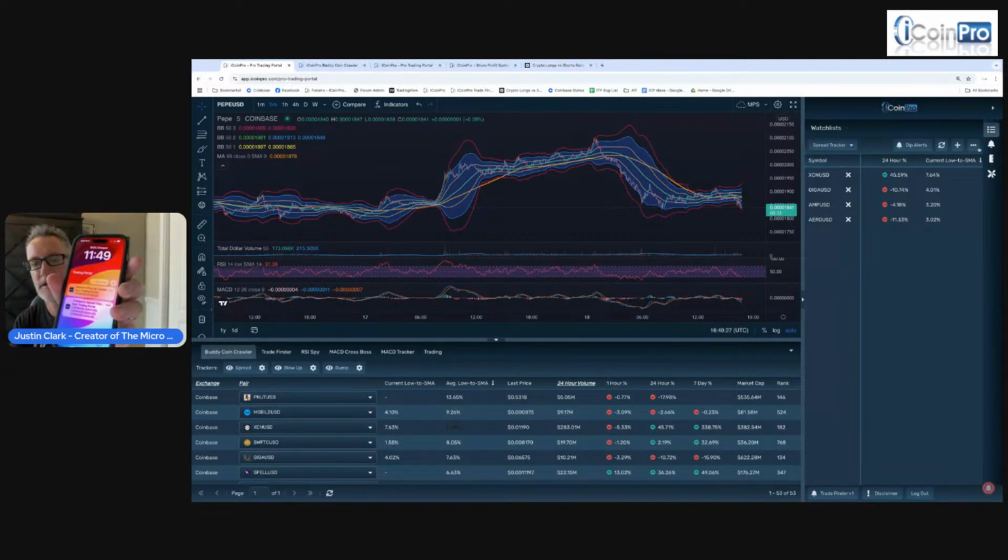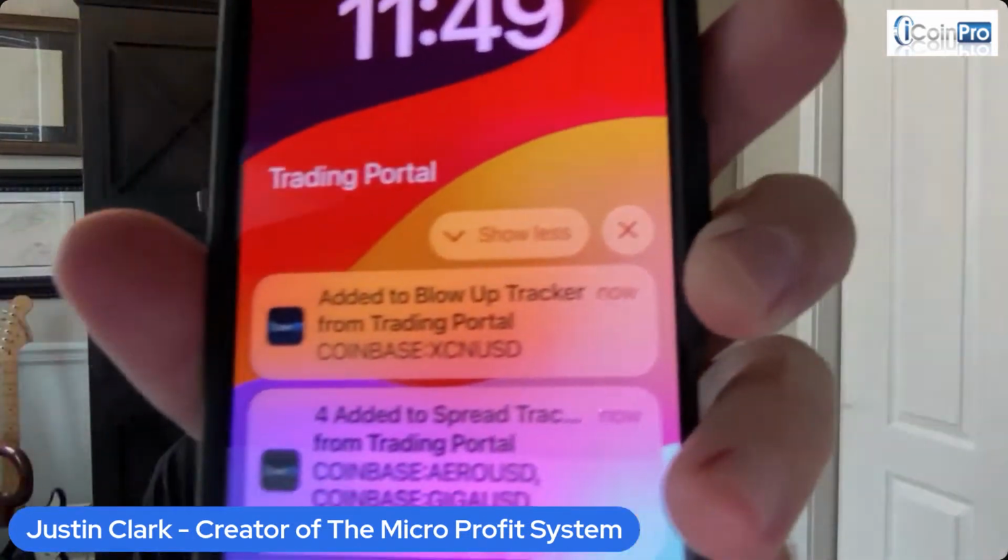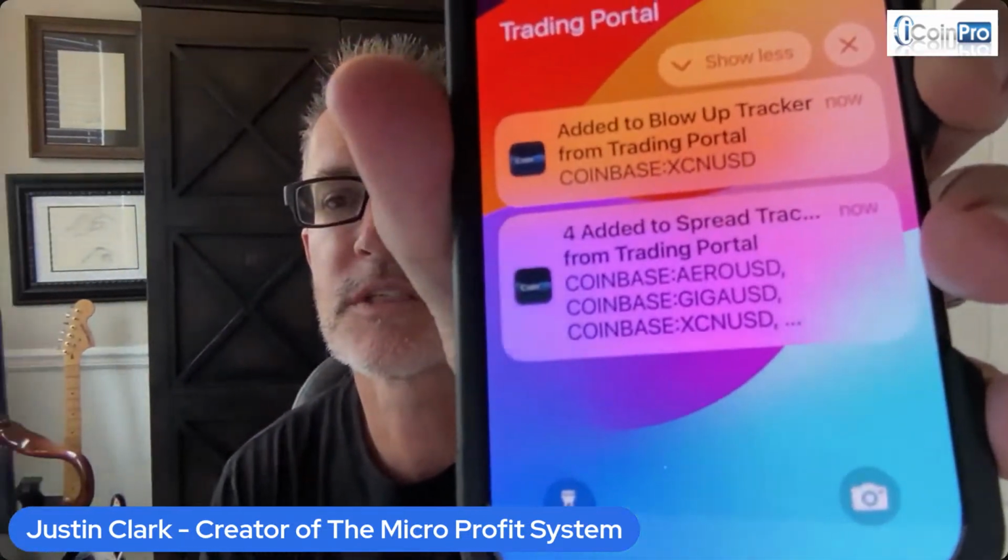It says there's a blow up tracker alert for XCN, and there's several coins added to the spread tracker. That means that these are potential dips. My favorite tracker we have is the dump tracker, because that means it's coins dumping potentially like XCN did yesterday, and we can get in on those when the pattern's there and trade them.